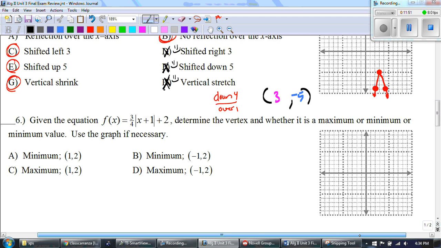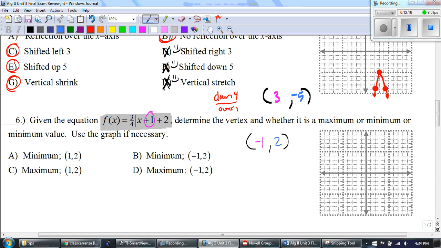All right. Once again, we have an equation or a function, f of x equals 3/4 absolute value of x plus 1 plus 2. So the first thing we need is what is the vertex? I take the opposite, and then the 2 stays the same.